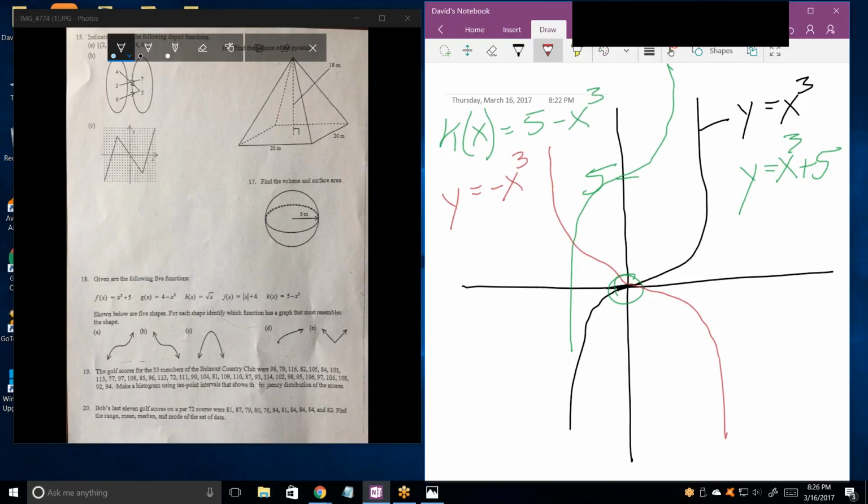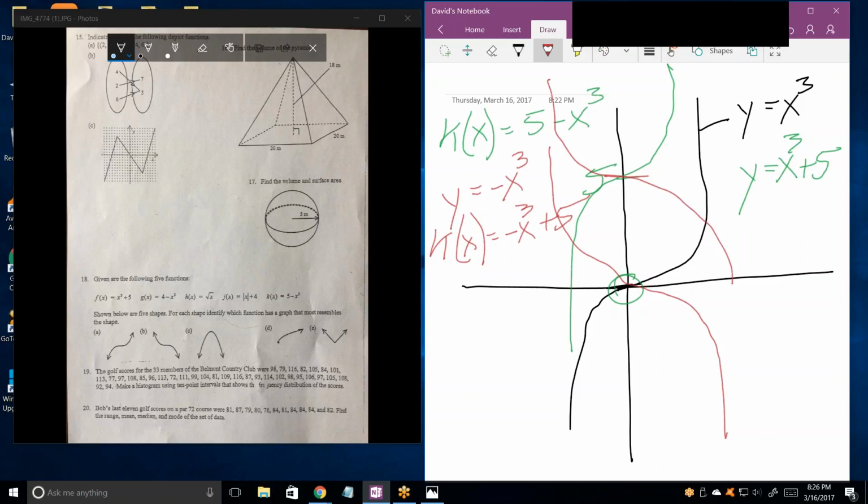If I were to turn it on its side, it looks more like an S rather than a backwards S. What they've given us for k of x, I can write as minus x cubed plus 5, which means my red line shifted up 5. So it's going to look something like that.